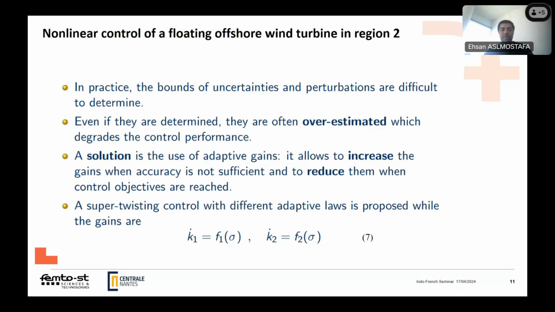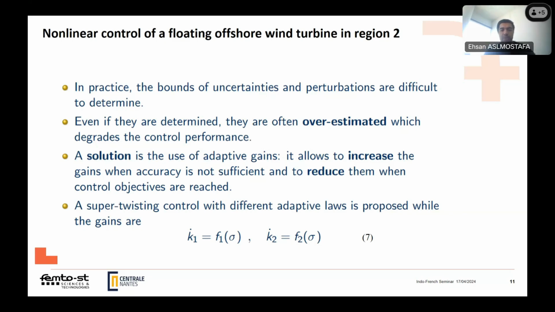So the best solution is to use the adaptive gain controllers. The concept of adaptive gain controller is to increase the gain when accuracy is not sufficient and to reduce it as the control objectives are reached.